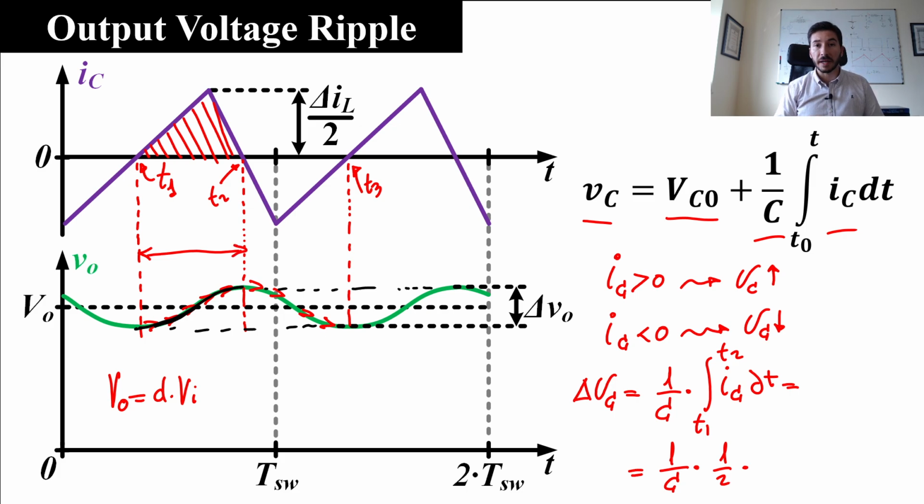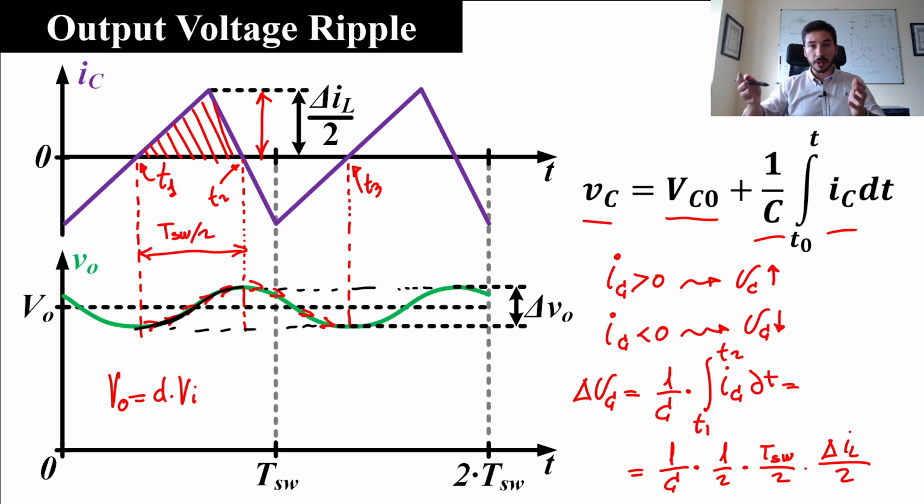Okay, if you inspect the waveform, you will see that the base is half the switching period. And then we have to evaluate this, and we already know that parameter is half the peak-to-peak inductor current ripple. So in this case, as you can see, we already know the relationship between output voltage ripple and capacitance. So let's use this information to choose the capacitor.